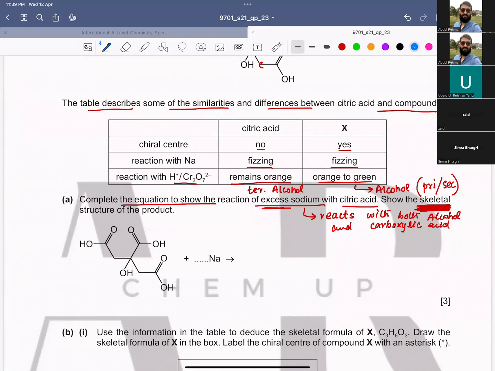Yes. What would happen? The H of carboxylic acids and the H of alcohol is displaced by sodium.